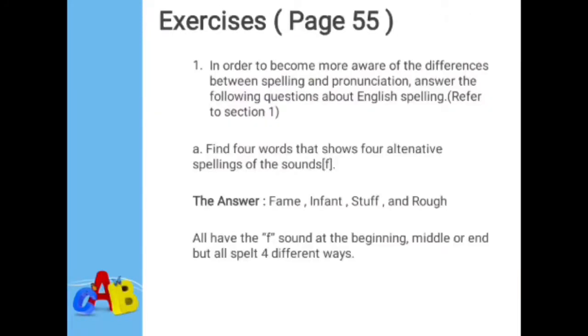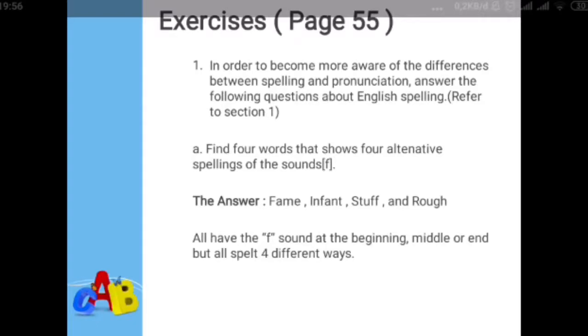Then exercises, page 55. Find four words that show four alternative spellings of the sound. The answer is vein, van, staff, and draft. I'll have the sound at the beginning, middle, or end, but I'll spell it four different ways.